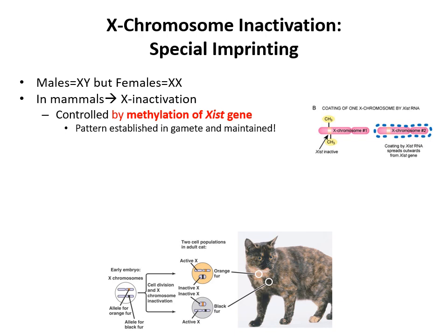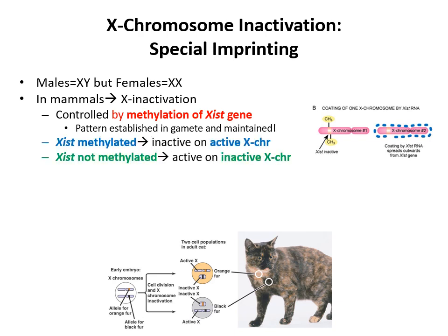The Xist gene codes for a long strand of non-translated RNA. So when the Xist gene is active, it produces a long non-translated RNA, and what that RNA does is it coats an X chromosome, okay?